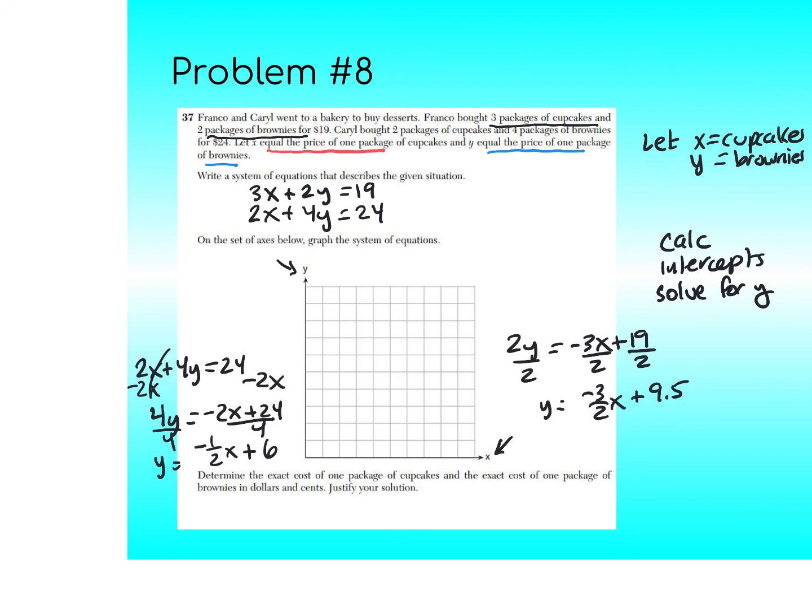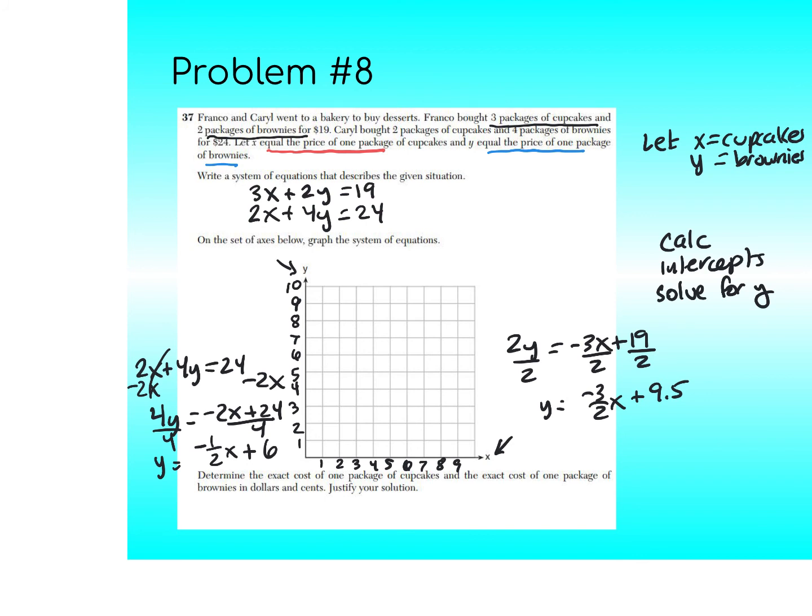So you'll see that I have solved for y, and that's helping me decide what my scale is going to be. So I'm just going to go by ones. And I don't have to label this, but I'm going to, just so you can see that I'm going by ones. And I'll go ahead and graph the first one.